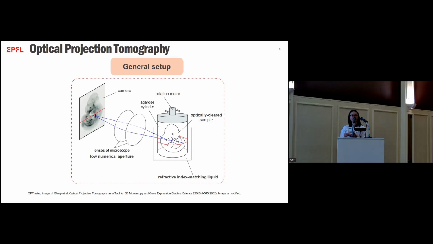So how does the light even reach the detector plane? In OPT, we optically clear the sample, which means it's basically transparent. So we reduce the scattering and any kind of refraction as well, so that in this setup, the light rays will approximately pass through the sample in straight rays. This means that the mathematical principle of OPT is basically the same as X-ray CT. It's a strict ray projection.